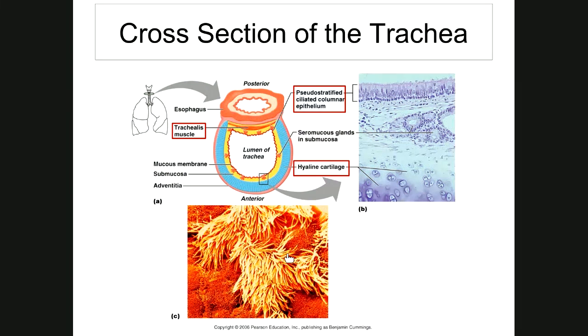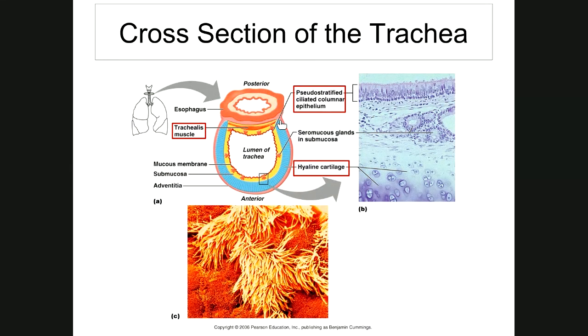Now, this trachealis muscle on the back, that's smooth muscle, and you look what's behind it. The esophagus is behind it. The esophagus is the tube that food goes down when you swallow it, when you ingest it. And it's going to go down as a swollen mass called a bolus, and it makes this esophagus swell out a little bit.